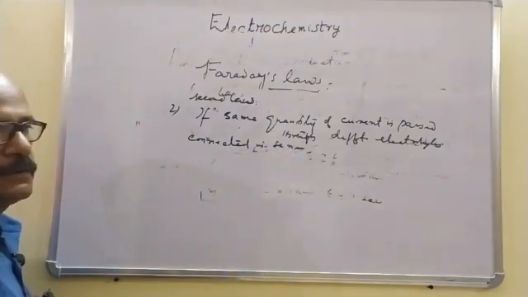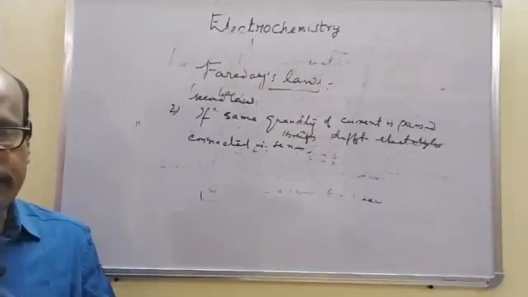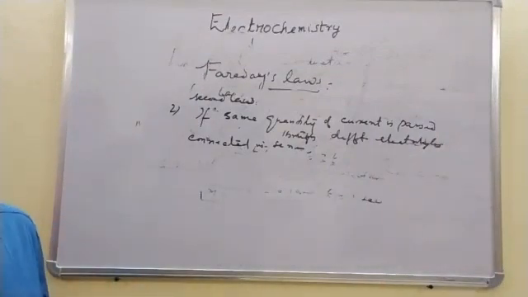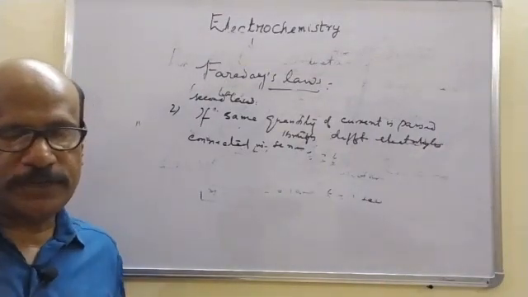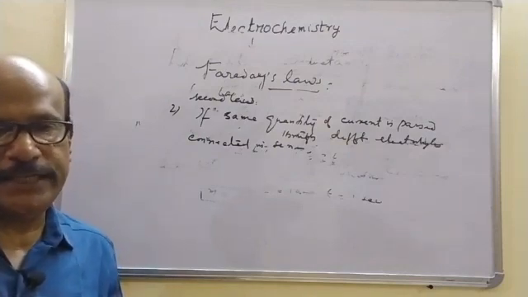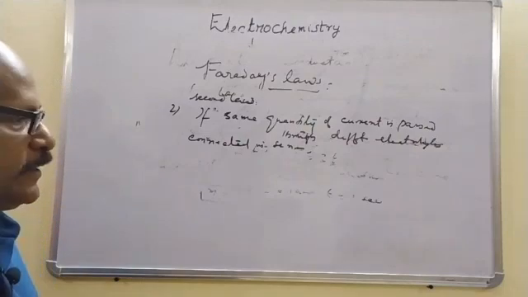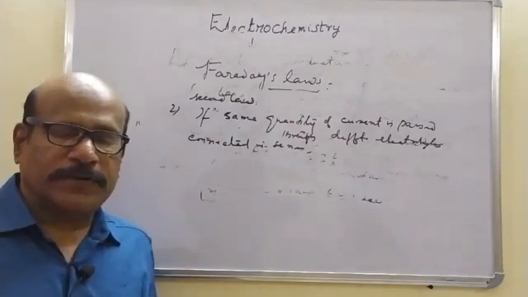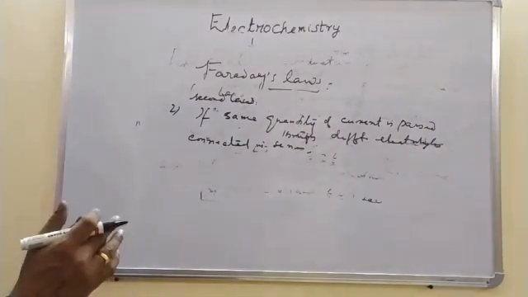then, suppose we are passing the same quantity of current through 3 different types of electrolytes like potassium iodide, AgNO3, copper sulfate, etc. Then different substances are deposited at each electrode.